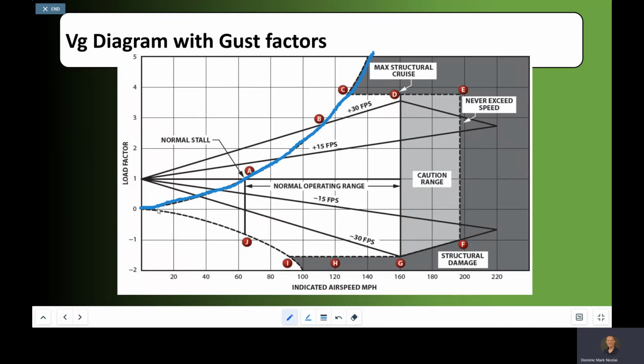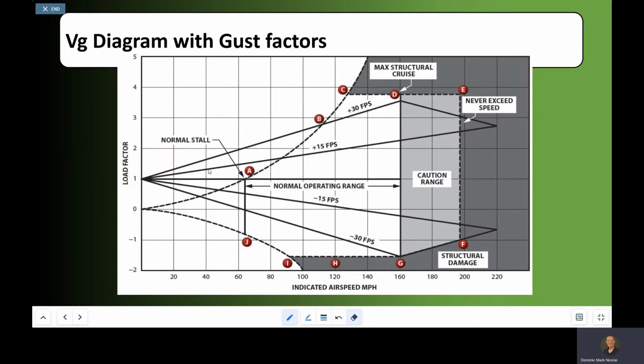You can also see the negative lift line, and you can see the positive load limit. You can see the negative load limit, 3.8 Gs and negative 1.5 Gs. So you can see everything in there. You can see where the yellow arc is, operating in the caution range.